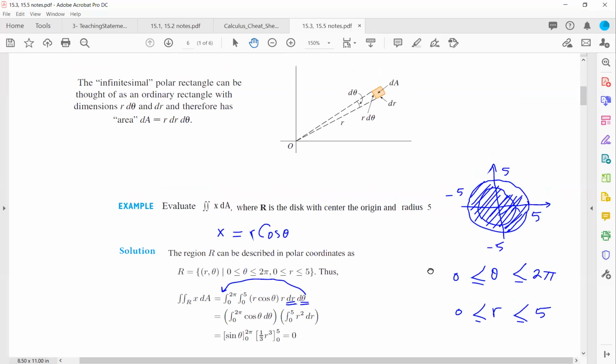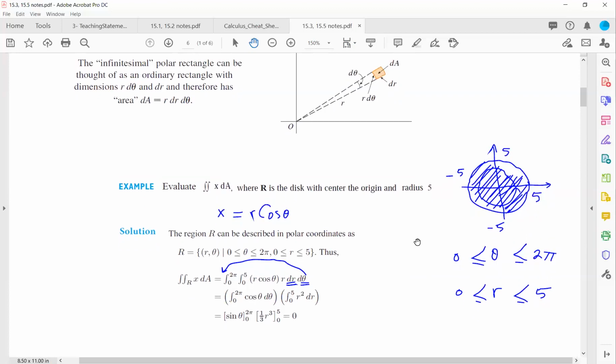Guys, remember that when you're converting dA to r and theta, dA is equal to r dr d theta. Don't forget about your radius r. We have integral 0 to 2 pi, integral 0 to 5, r cosine theta times r dr d theta.